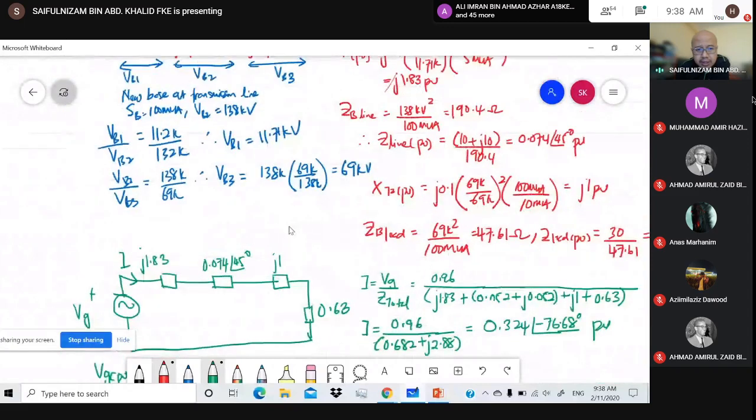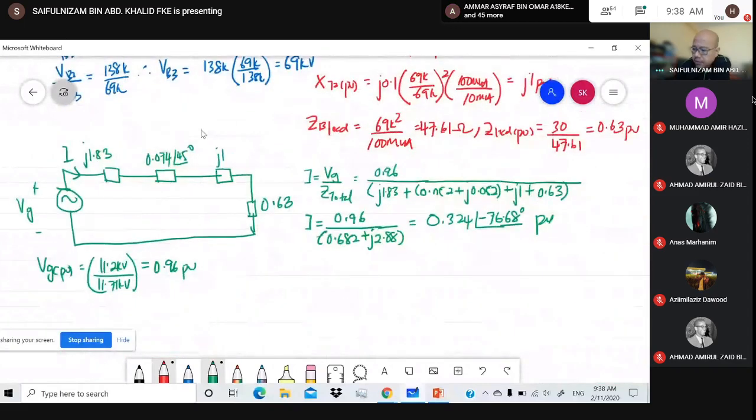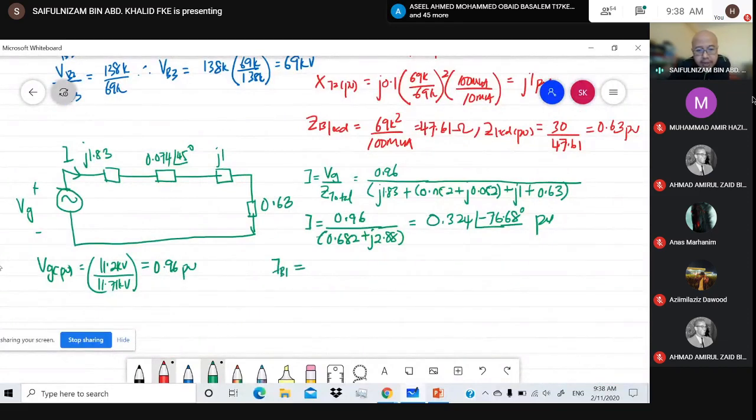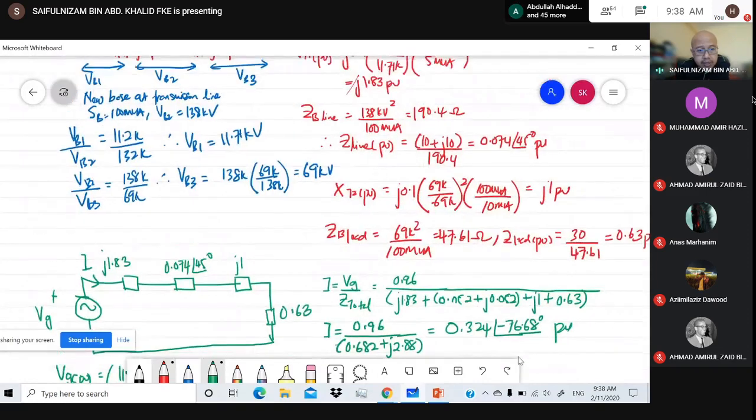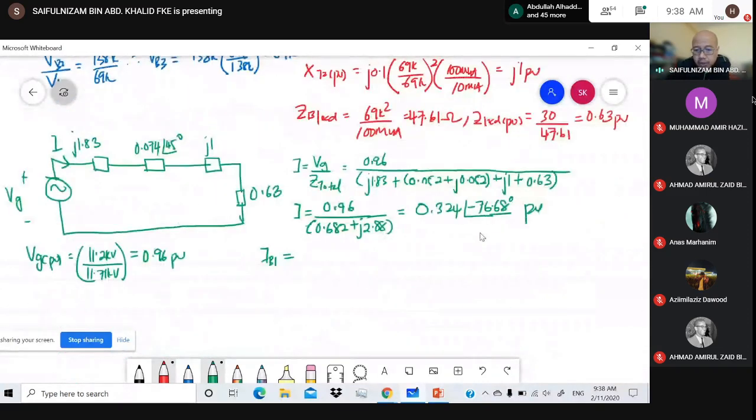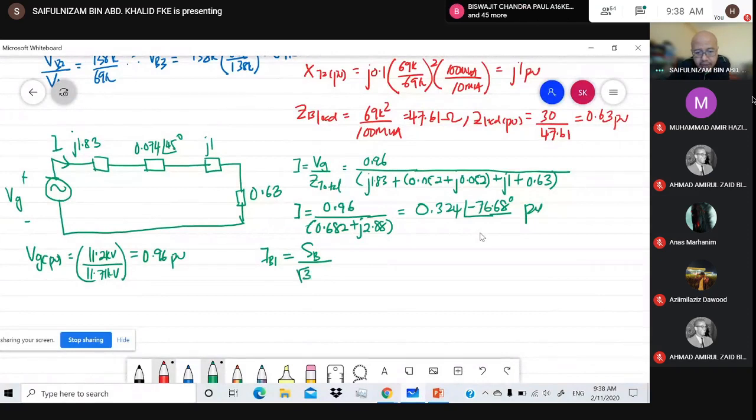IB1, the base current on section 1: always use the three-phase base power divided by root 3 times the base voltage.